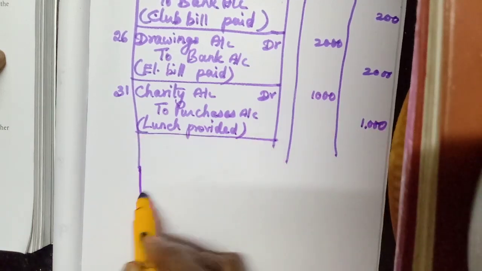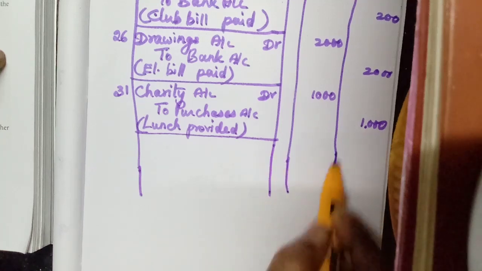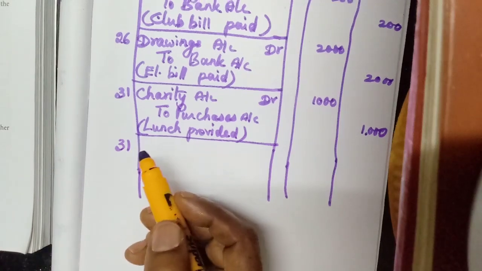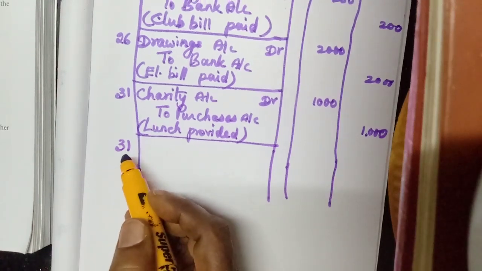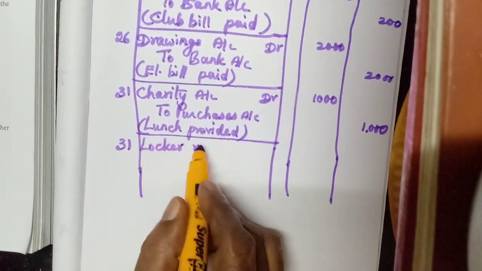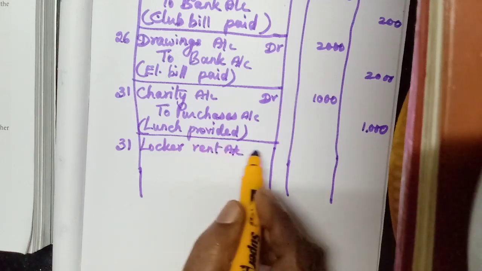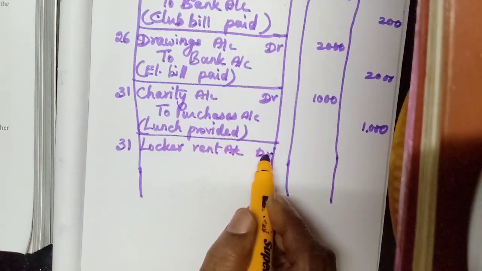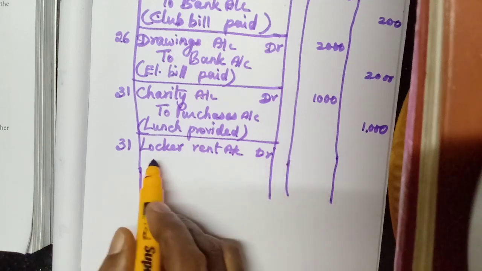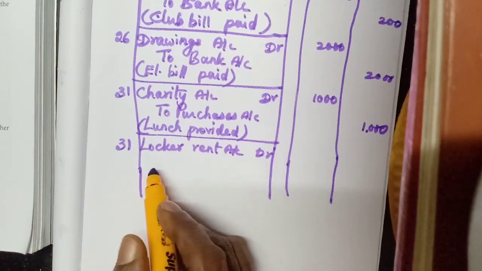Okay, next entry. Again 31. Bank levied charges for locker rent. Locker rent is the expense name, isn't it? Locker rent account debtor. Bank levied charges. So here who is paying that one?